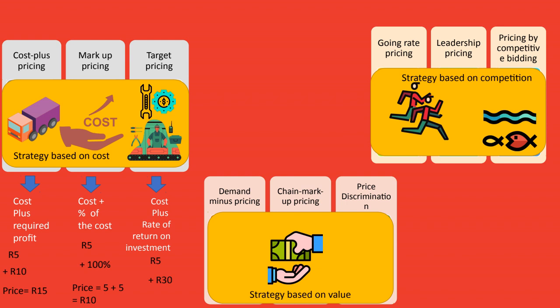So here, the first part on the left is looking at cost. The second type of strategy is looking at the customer. The third type of pricing strategy, top right here, is looking at the competition. And here, this is another way that prices are set: companies say, well, what is the going rate for a particular product in our business? And that is how the price is set for a product or service.